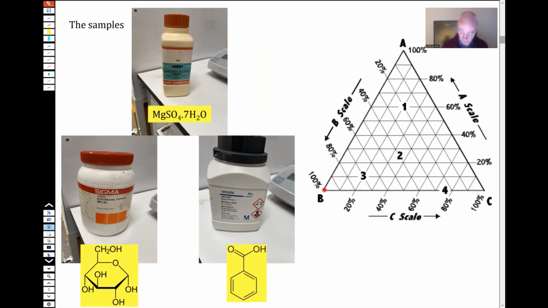And of course, this is the way you can represent the three-component system in a calibration fashion. So here, right in the middle is 33% of everyone. And then down here, if we come to here, we've got 20% of this one. And then we go up to there, 20% of this one, 60% of this one up here, and then 20% across there.